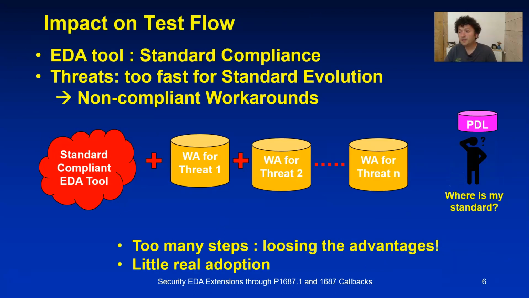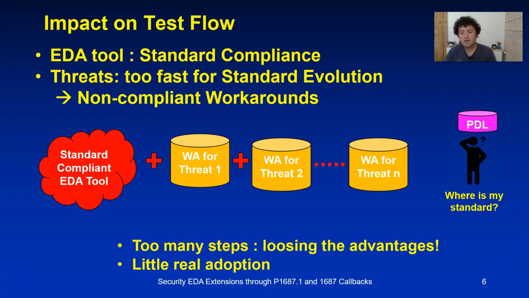So, to sum it up, what is the impact on the test flow? The EDA tool takes its strength and its added value from the standard compliance, because it means that we'll be able to support any type of solution that is inside the perimeter of the standard. Unfortunately, security threats come much too fast for standards to be able to evolve and give them a solution.